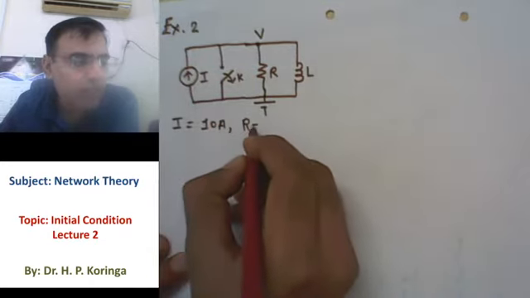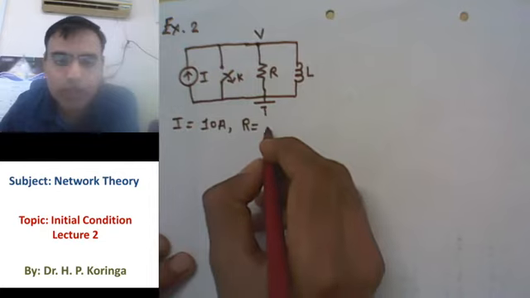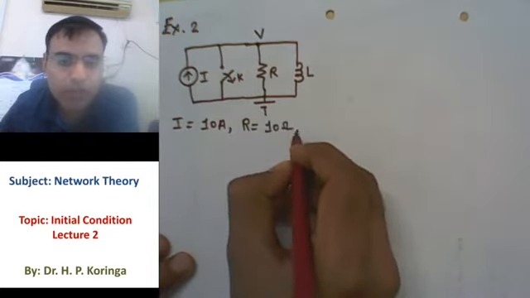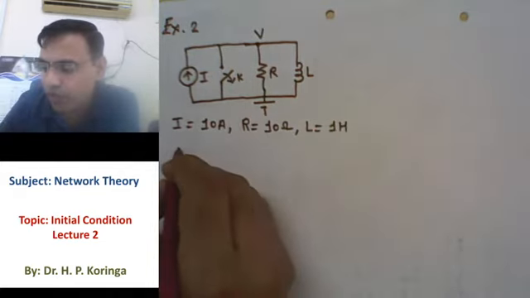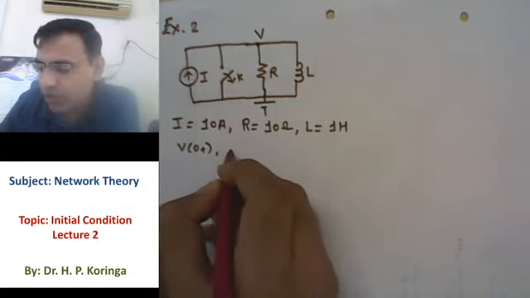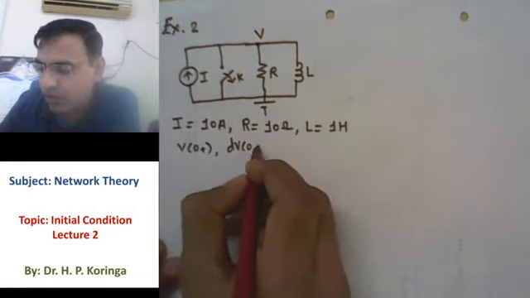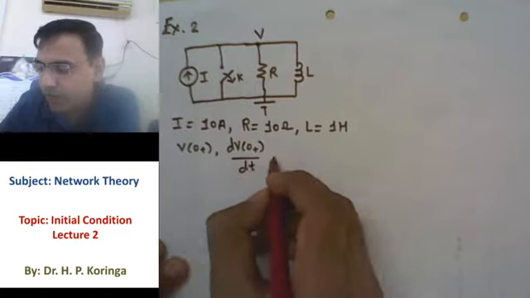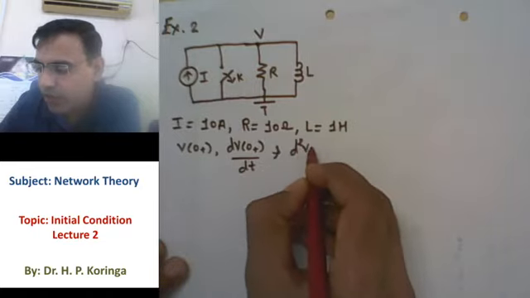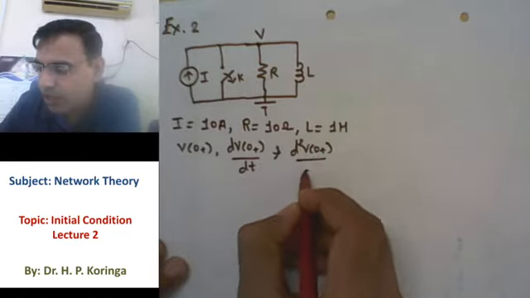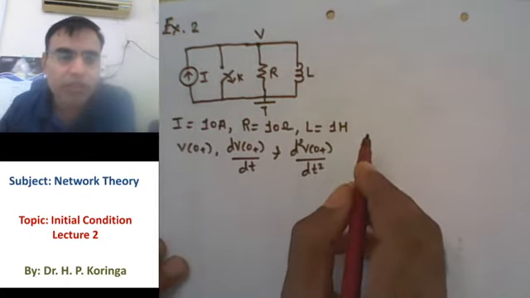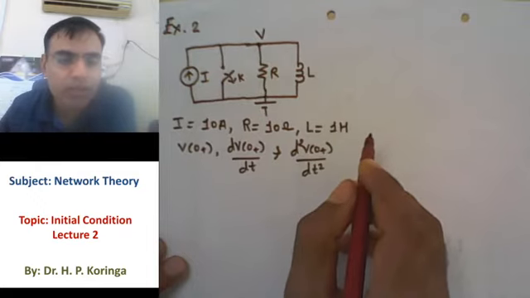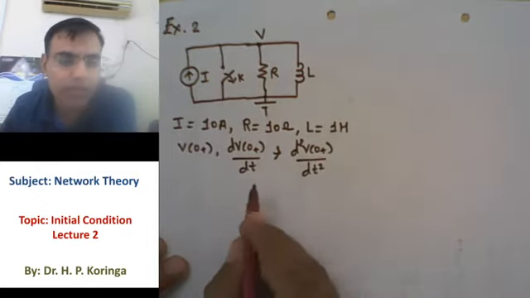R is given, it is equal to 10 ohm, and the value of L is given, it is equal to 1 Henry. The question is to find V of 0 plus, dV of 0 plus divided by dt, and d square V of 0 plus divided by dt square.